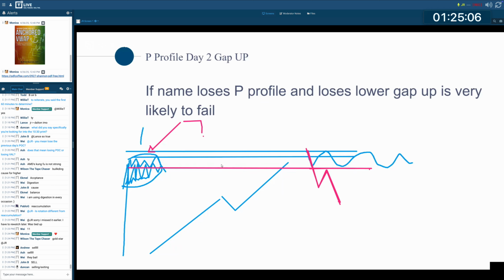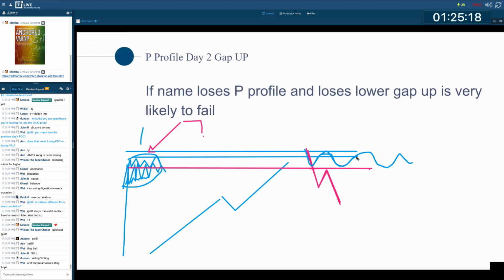Question mark. Yeah, they're jumping on the selling wagon, right? If these people don't see that happening, and instead see that point of control of the prior day is forming value and building a cause, they're much more likely to perceive reaccumulation, because that's actually the more likely thing that's happening, right?